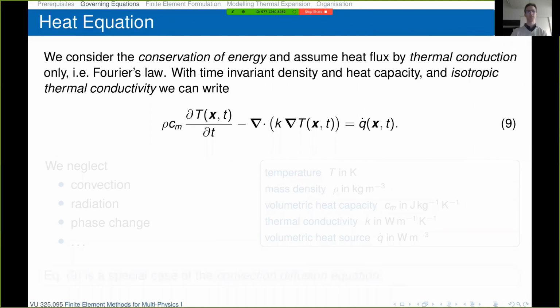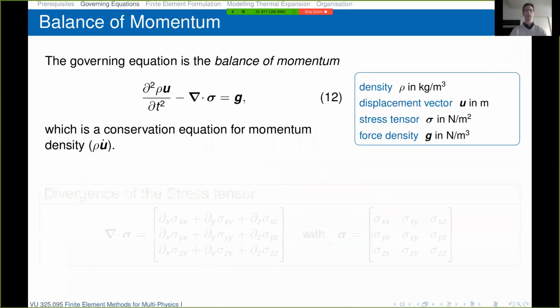And if we have that, we also want to consider the mechanic problem, and in general the governing equation is the balance of momentum and a constitutive relation that describes our stress tensor sigma. And from this problem, we will finally compute the displacement field U in our solid body.